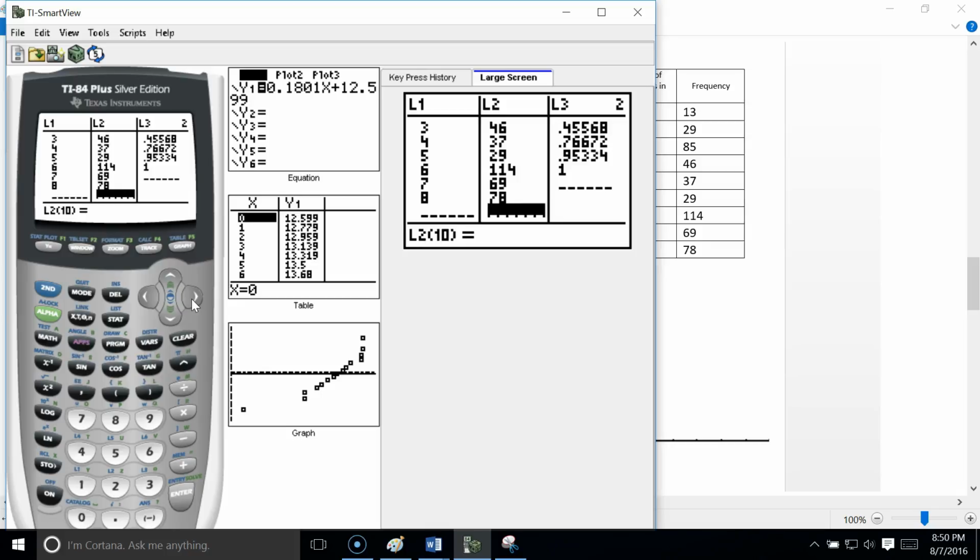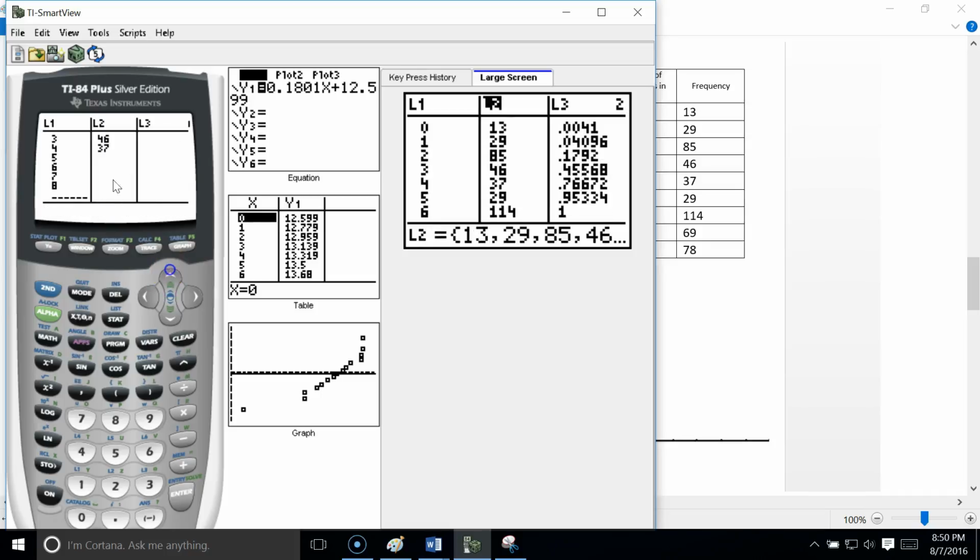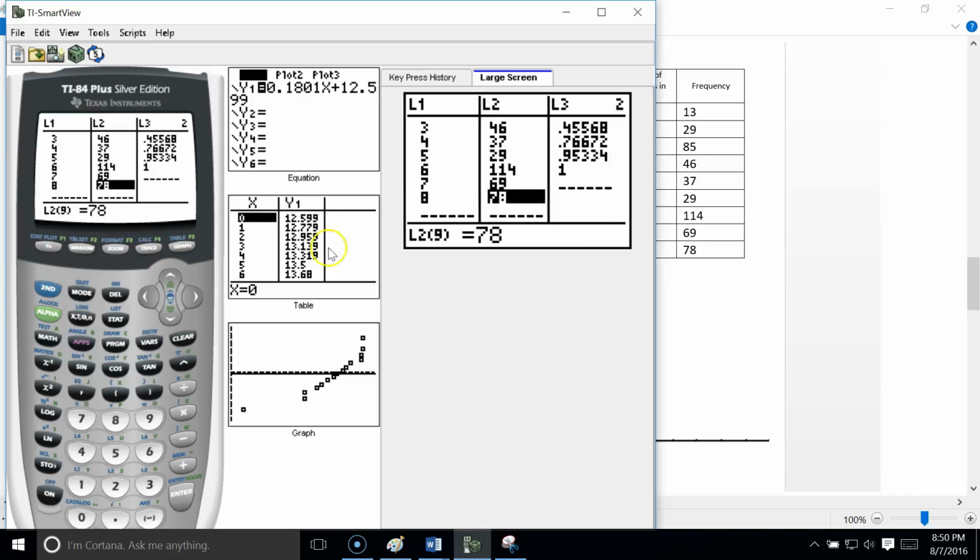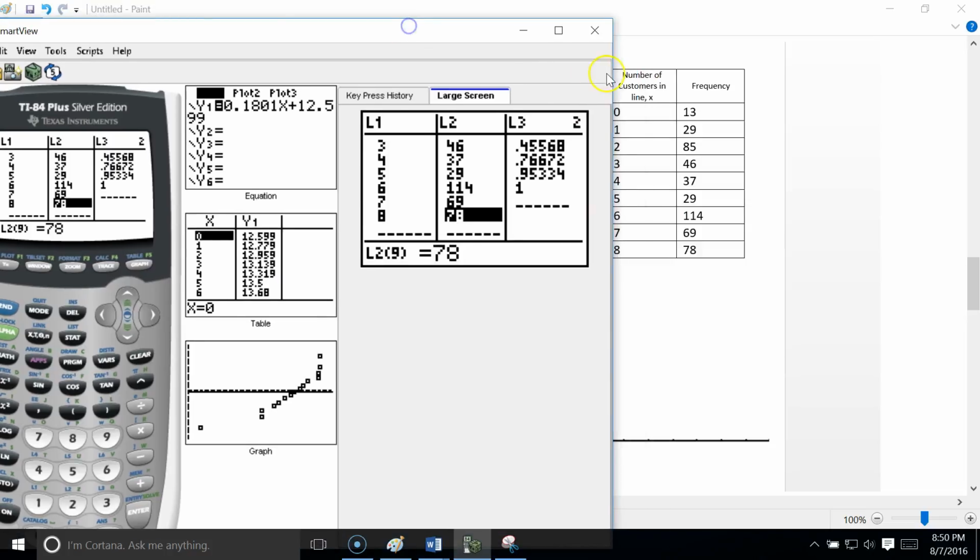Okay, so I inputted all the values of list 1. List 1 contains all the values of x, the number of customers waiting in line, which ranges from 0 through 8, and list 2 contains all the values of the frequency.